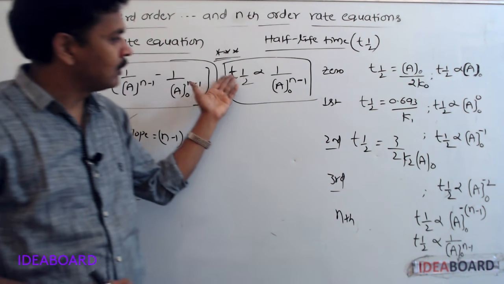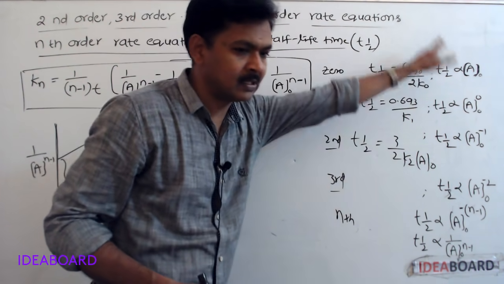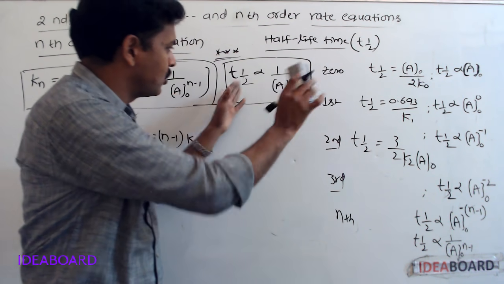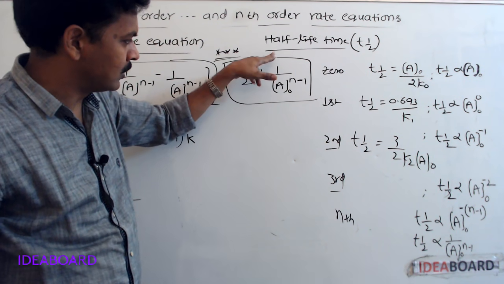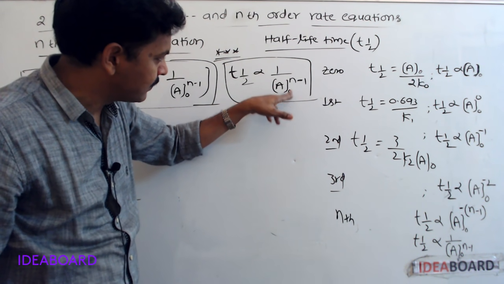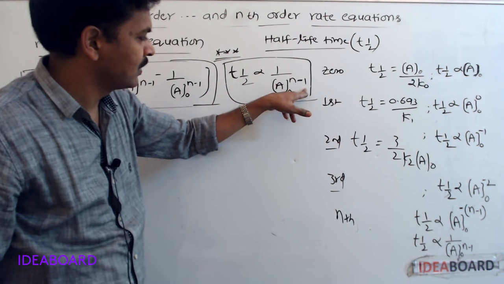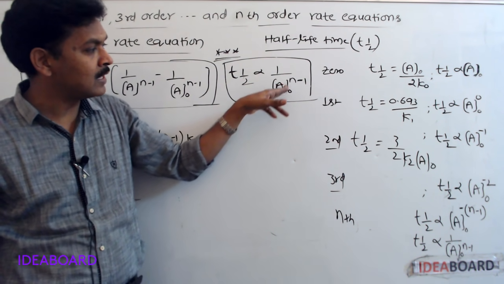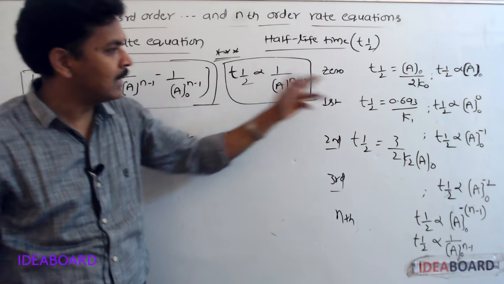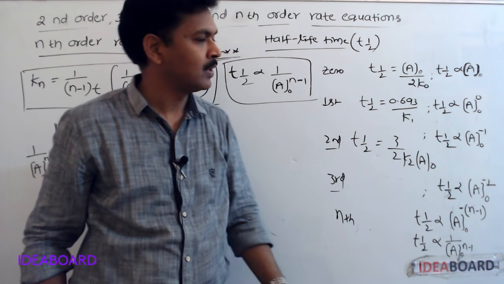By putting the n value, we can again get these formulas. For zero order reaction, T half is directly proportional to 1 by A naught power 0 minus 1, so T half is directly proportional to A naught.